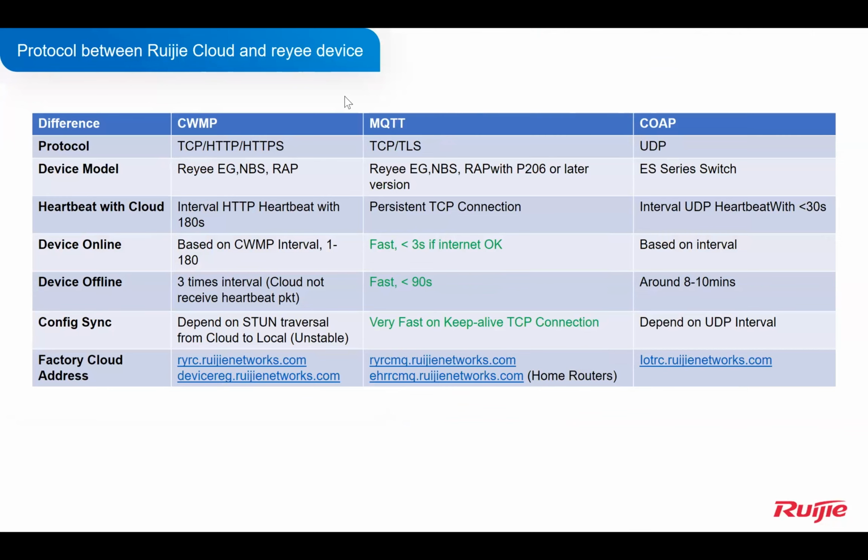So now let's take a look at our protocols. For this format, we just focus on the factory cloud address parameter, okay? Because this is very important for us to do the troubleshooting. So sometimes if you find you can't log in to the Reyee Cloud, you can do the test for our customer.